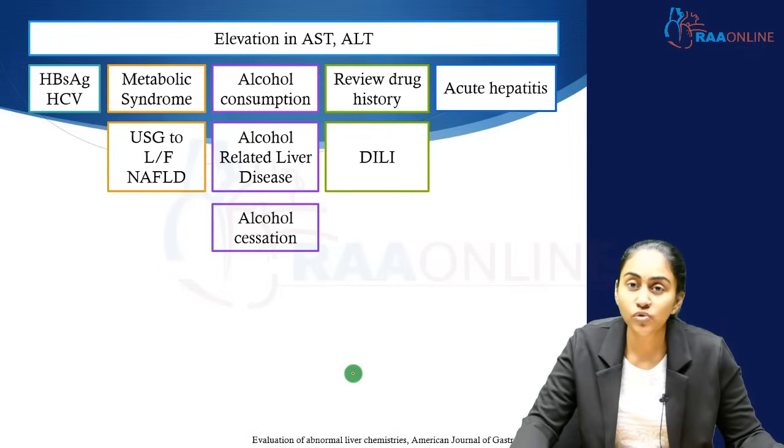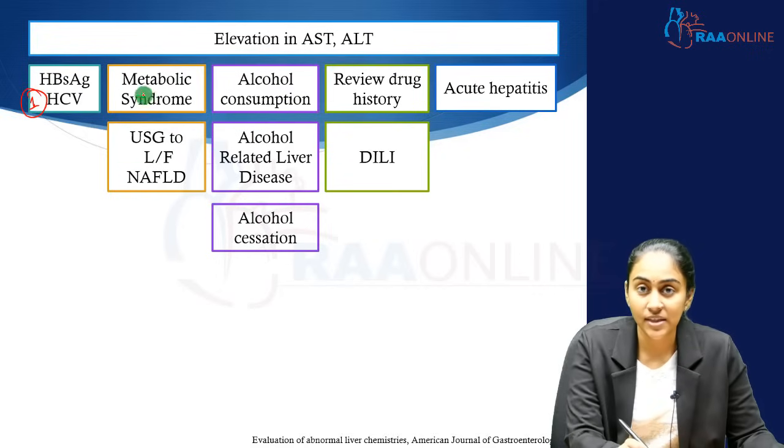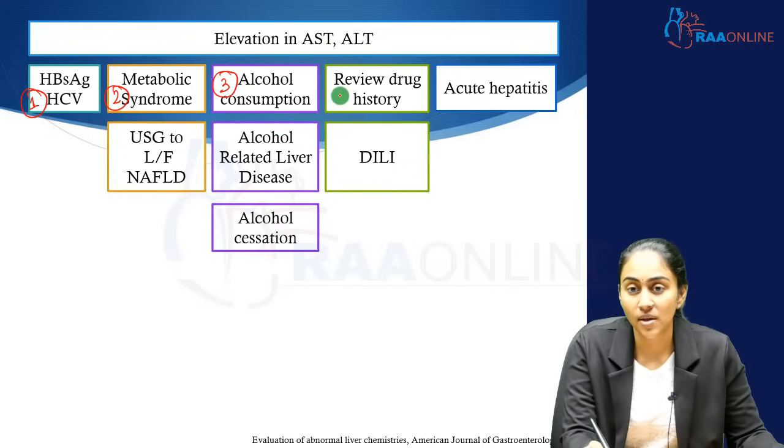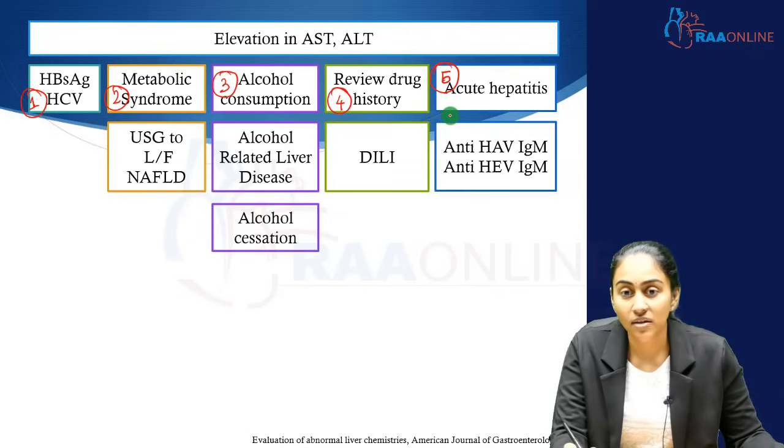And finally, once you've ruled out all of this, if the patient is negative for hepatitis B and C, has no features of metabolic syndrome, no history of alcohol consumption, the drug history has been reviewed, and this elevation in AST and ALT has been fairly recent because we've documented a normal baseline AST and ALT, that is when you will consider acute hepatitis and do the viral markers.